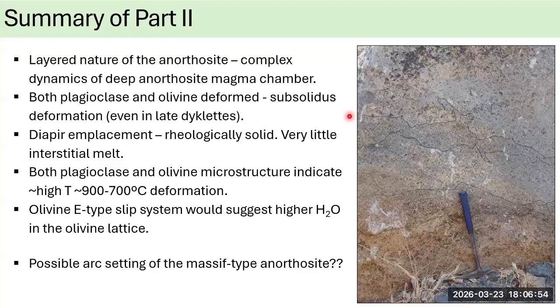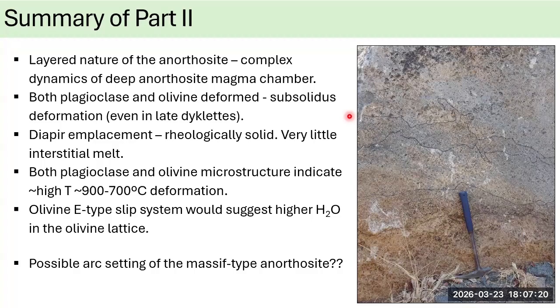So to summarize, I hurried a bit, but then we will have more time for questions. So to summarize this part, the anorthosites by themselves are quite complicated. They do not only seem as these massive blobs that magically arise and are placed into the crust.